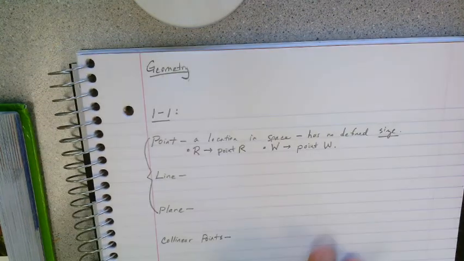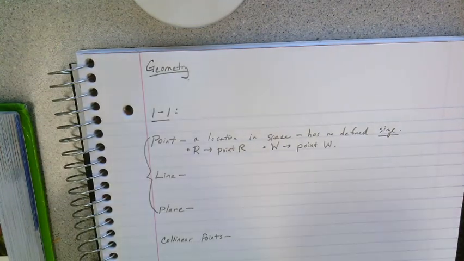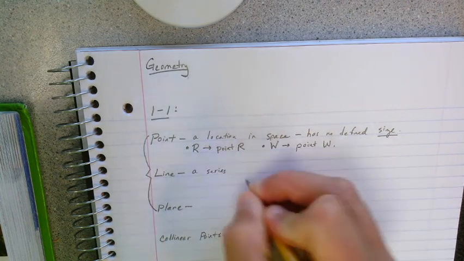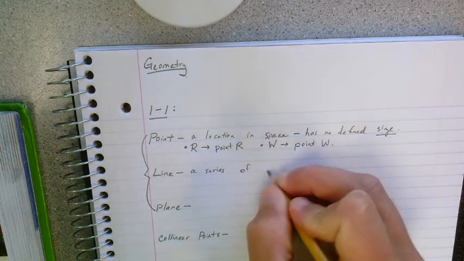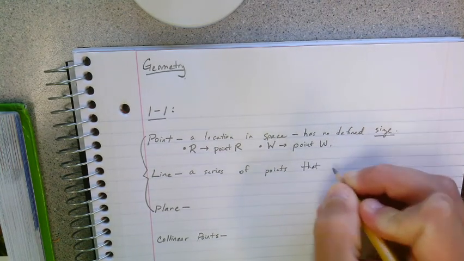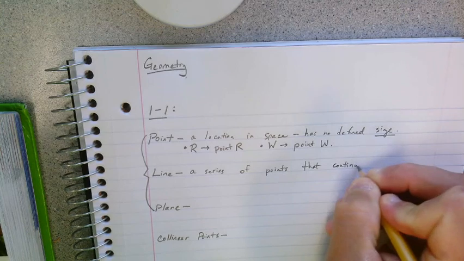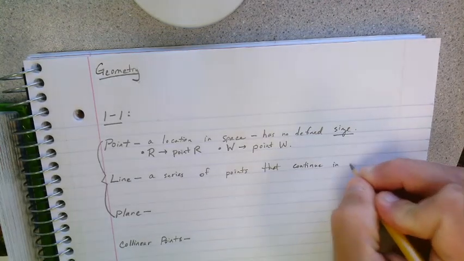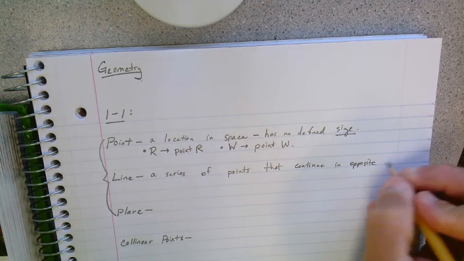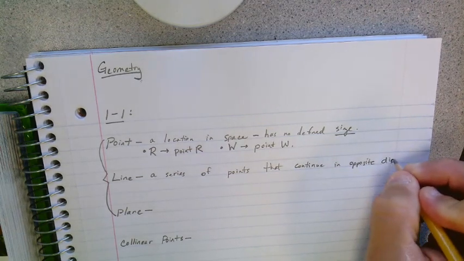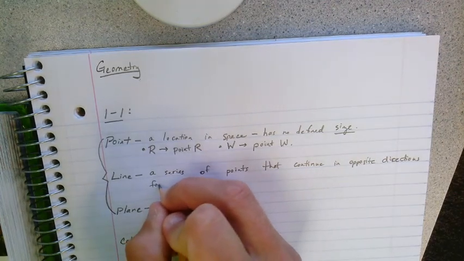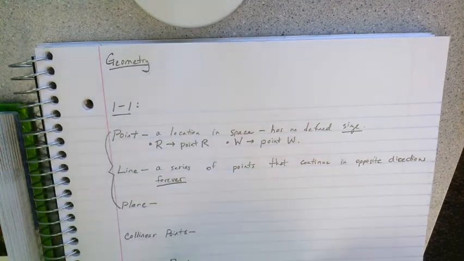A line is a series of points that continue in opposite directions forever.